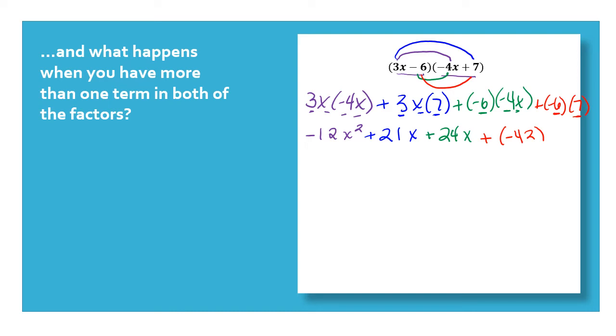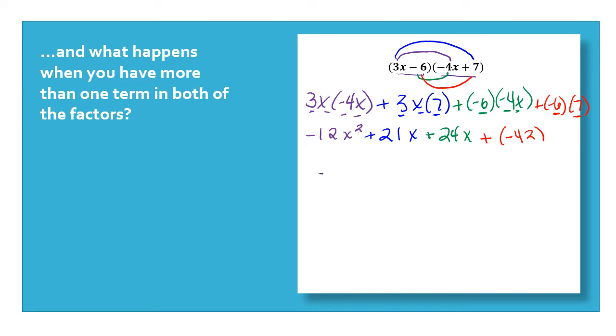So I'm going to take anything that is similar, or what we call like terms, and combine those. So the first thing, I'm just going to work left to right through the equation. Notice this equation right now is written in standard form for the most part. The term with the highest degree is first, a second degree term, I have 2 first degree terms, and then I have a 0 degree term because there's no variable here at all.